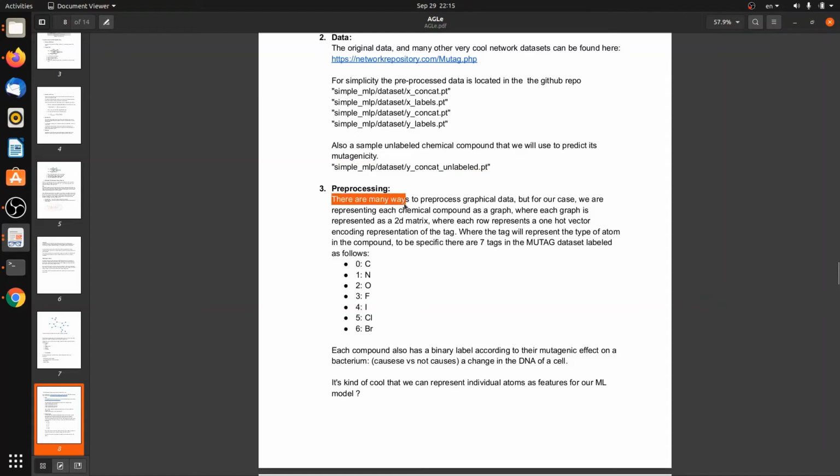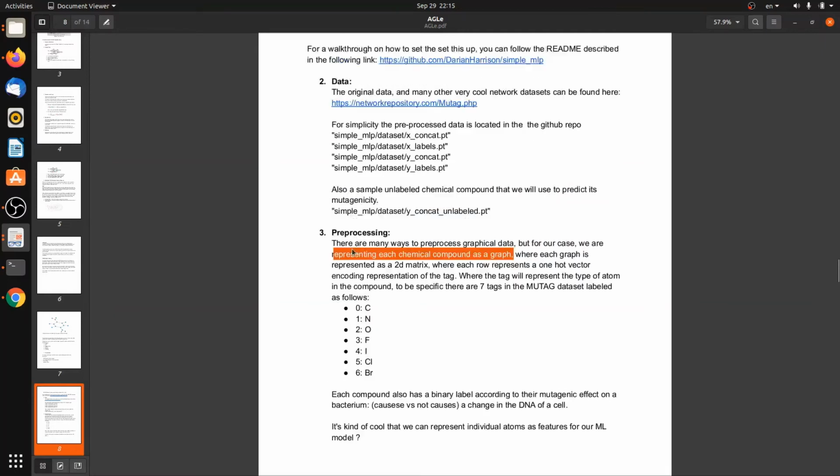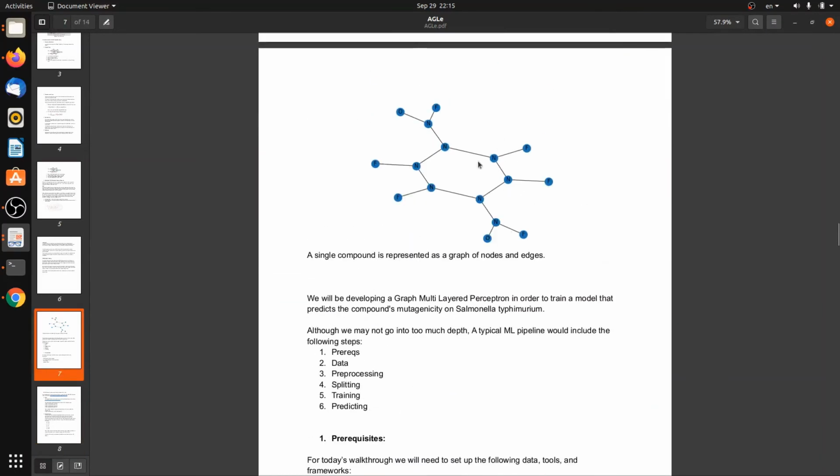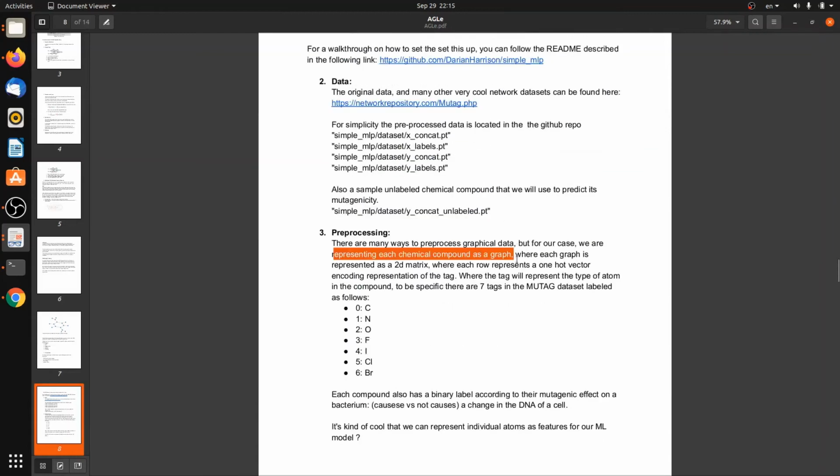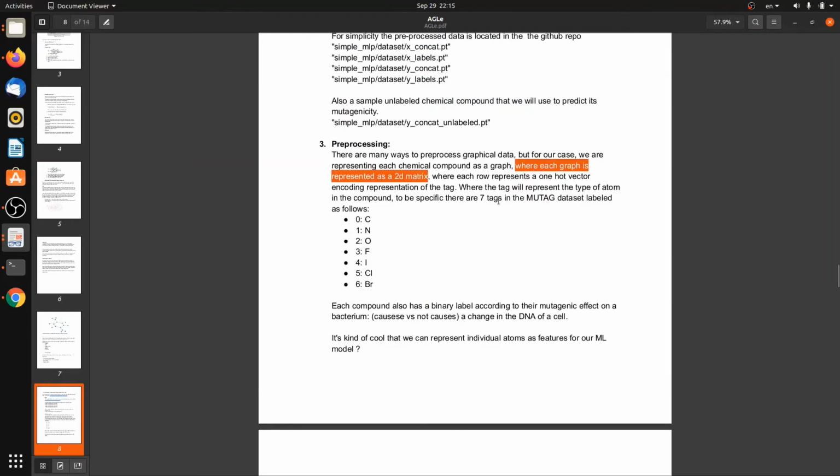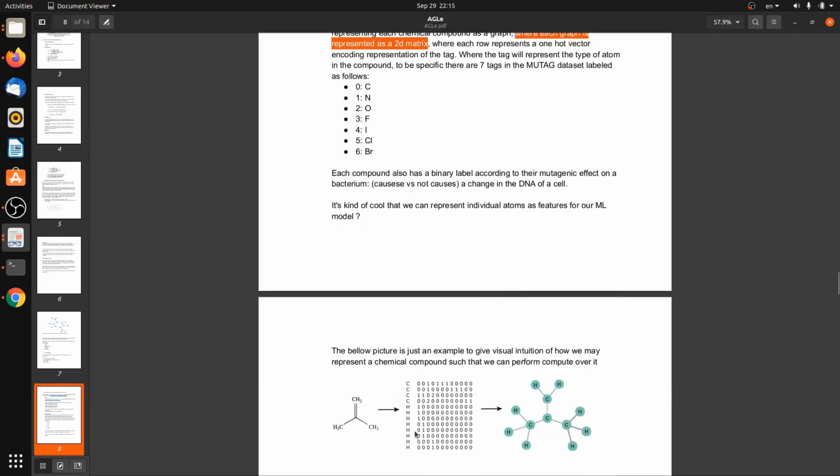Okay, there are many ways to pre-process graph data, but in this case, we're going to represent each chemical compound as a graph, where each graph is represented as a 2D matrix. I'll give some visual intuition.